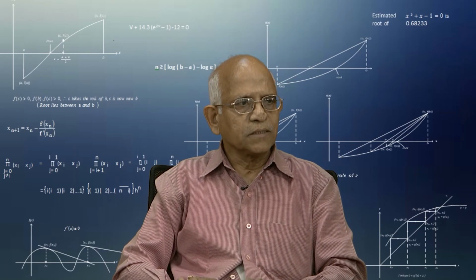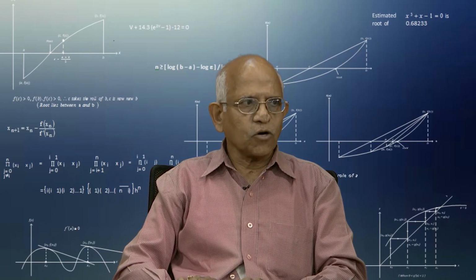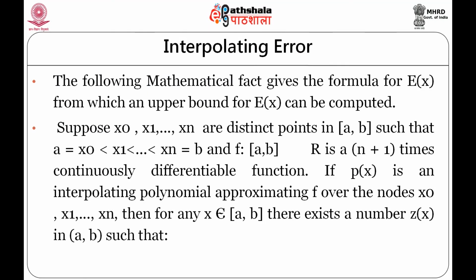Suppose we have x0, x1, x2, ..., xn as distinct points in [a, b], taken in increasing order, just to know what the first and last points are. f from [a, b] to R is a function that we are considering, which is n plus 1 times continuously differentiable, and p(x) is an interpolating polynomial approximating f over the nodes x0, x1, x2, ..., xn.